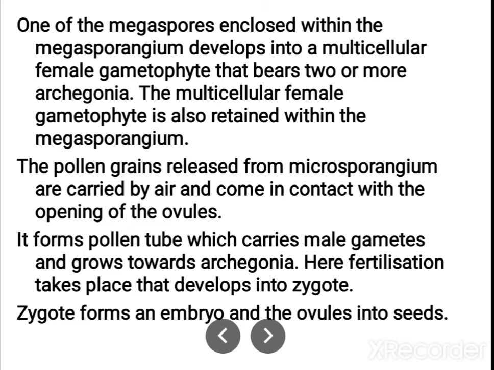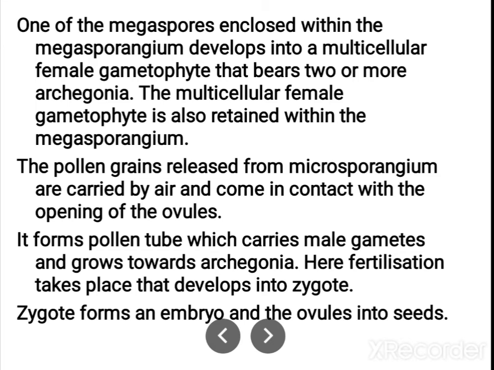One of the megaspores enclosed within the megasporangium develops into a multicellular female gametophyte that bears 2 or more archegonia. The multicellular female gametophyte is also retained within the megasporangium.